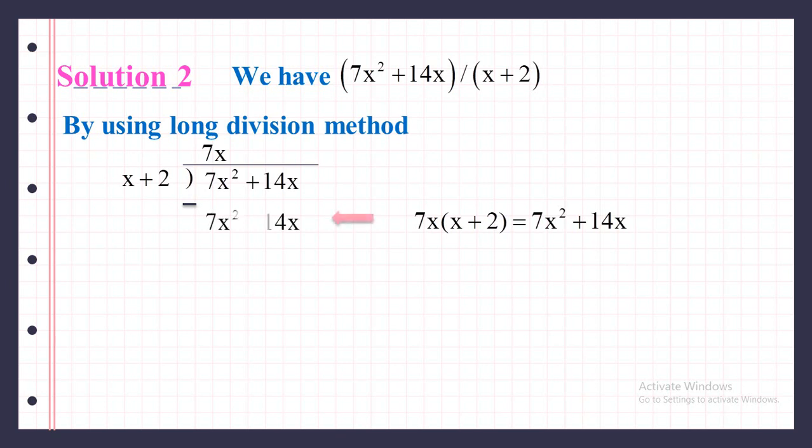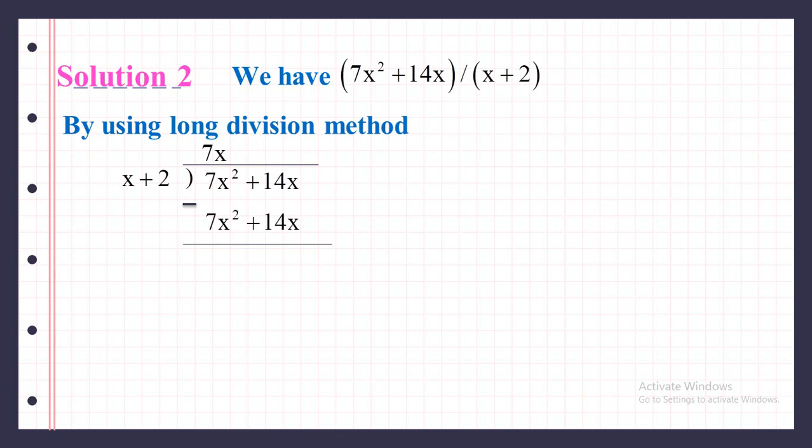Then subtract the resulting product from the dividend. Now 7x times (x plus 2) equals 7x^2 plus 14x.